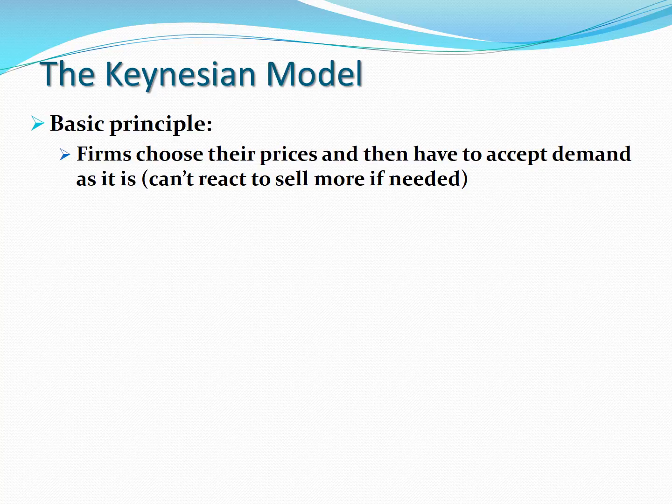So in any period of time, firms pick their price. They don't necessarily know what demand is going to be following that, but they will sell what they can at that price. And it may be more, or maybe less than what they had hoped, but they can't instantaneously cut their prices. In the short run, they can't.